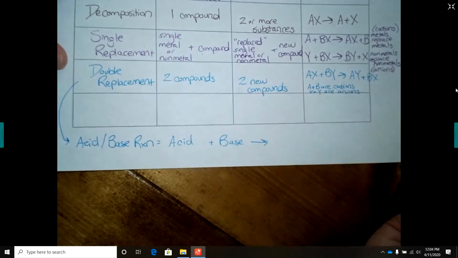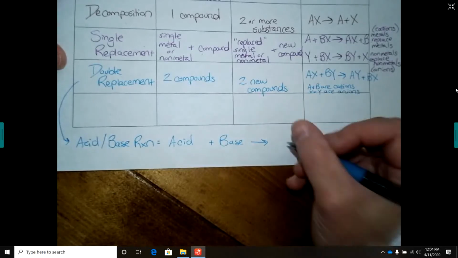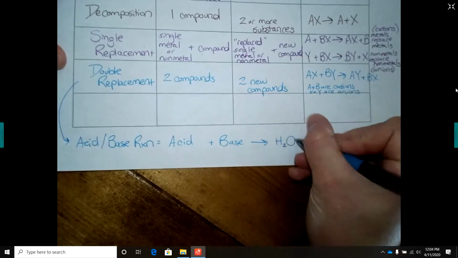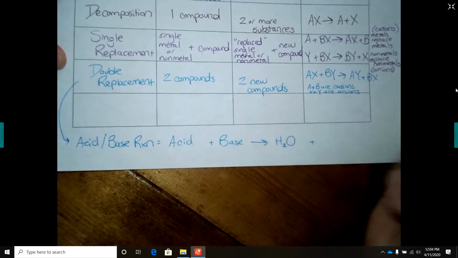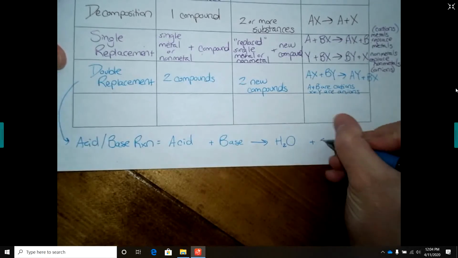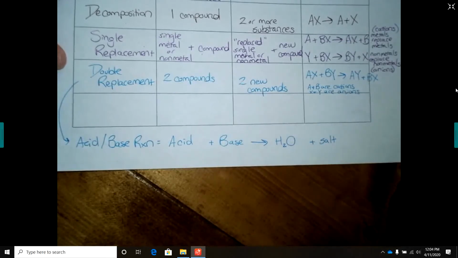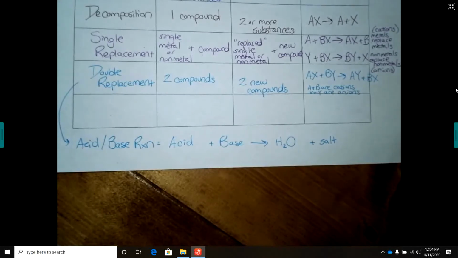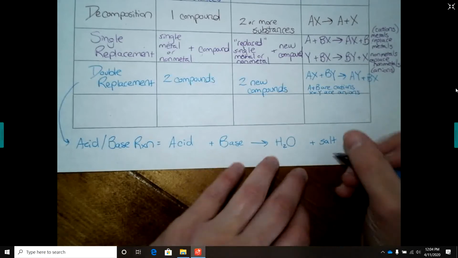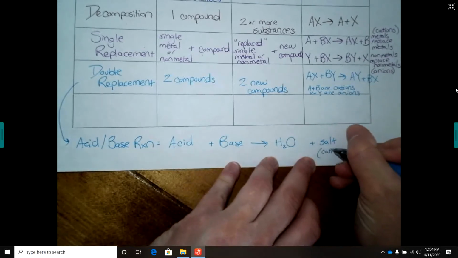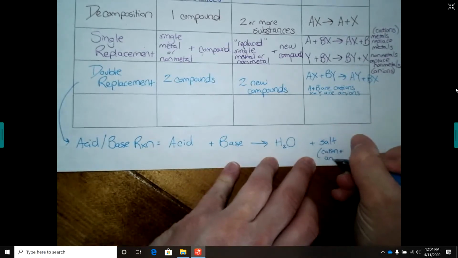And when they react, you probably know that acids and bases neutralize each other, so you form water. And then the other product is a salt. Now you might be thinking table salt, like NaCl. Not necessarily. Salt is defined as a cation and an anion.